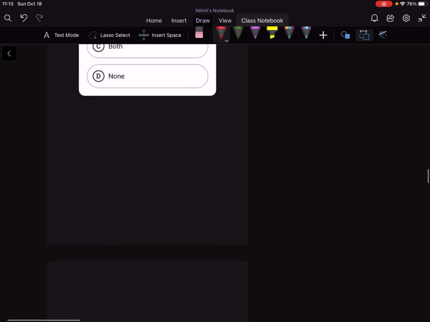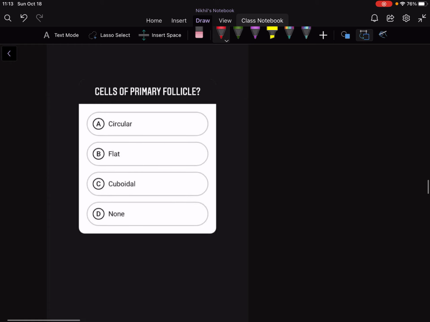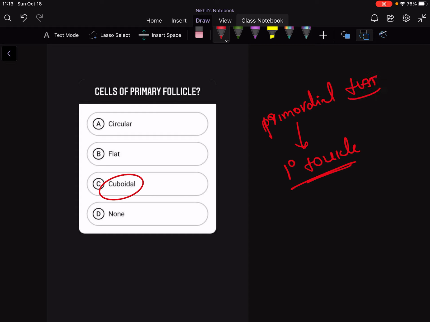So remember that one. Cells of the primary follicle are mainly cuboidal. You have to remember this one. This one is very important. Primordial follicle without any stimulation gets converted into primary follicle. Here the cells are mainly flat type, and here they are mainly cuboidal.